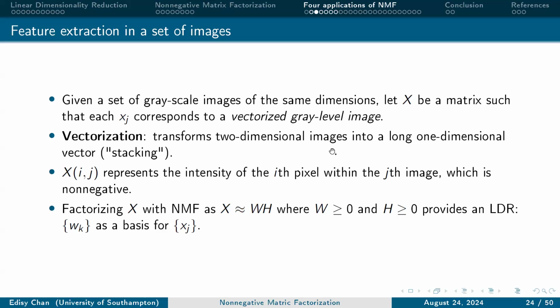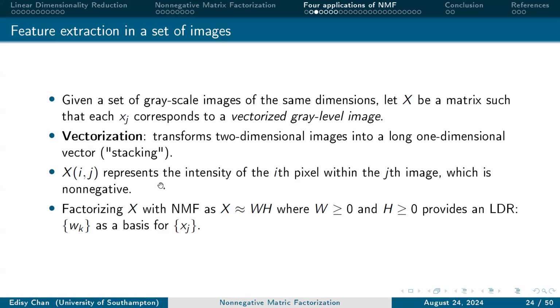We can transform the two-dimensional images into long one-dimensional vectors by something called stacking. We divide the image into columns of grayscale and stack them, and then we get a long column vector.